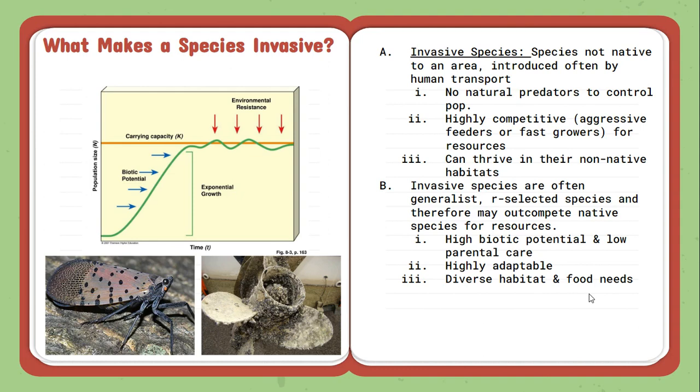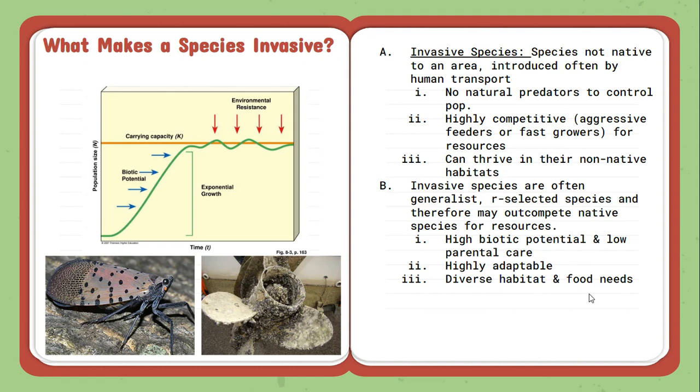Back from Unit 2 and Unit 3, remember a generalist species is one that has a very wide range of tolerance, is highly adaptable, and can live in a very broad range of niches. An R-selected species is one that doesn't give much parental care, usually has lots and lots of offspring as a result, and so we tend to see very high biotic potential amongst those organisms.